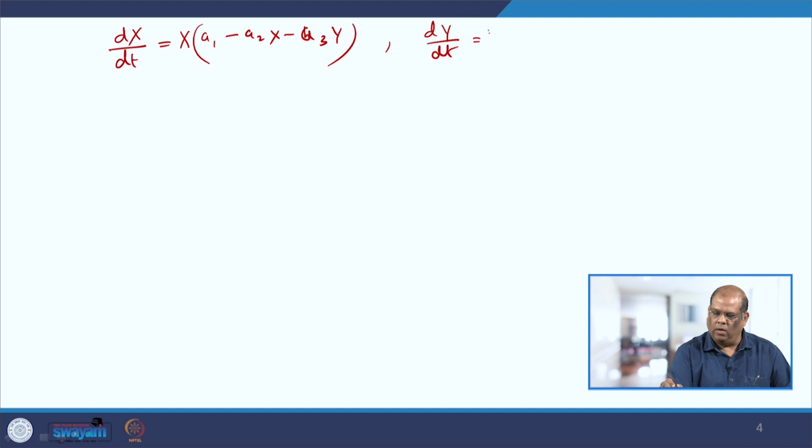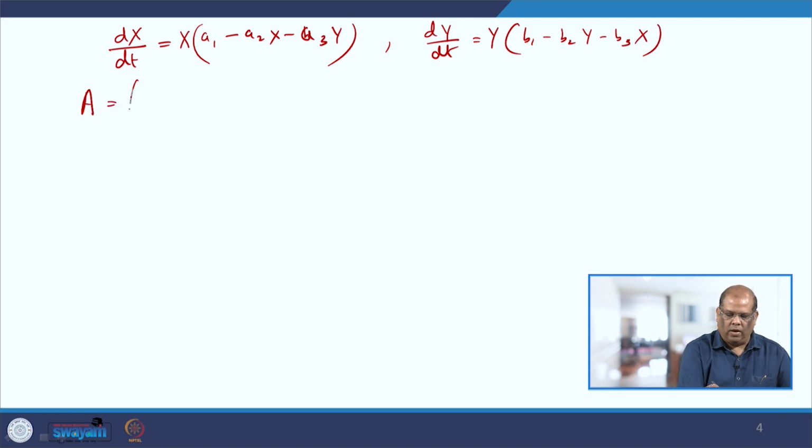If I write the equations dx/dt equal to x(a1 minus a2x minus a3y) and dy/dt equal to y(b1 minus b2y minus b3x), the Jacobian matrix, you name this as f(x,y) and name this as g(x,y).